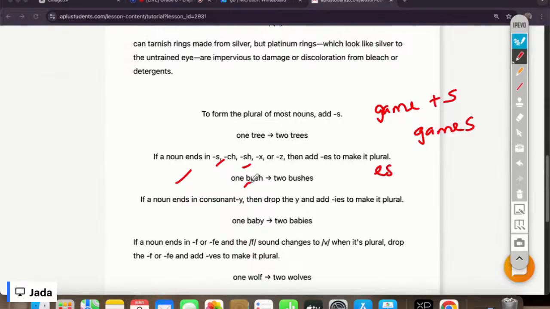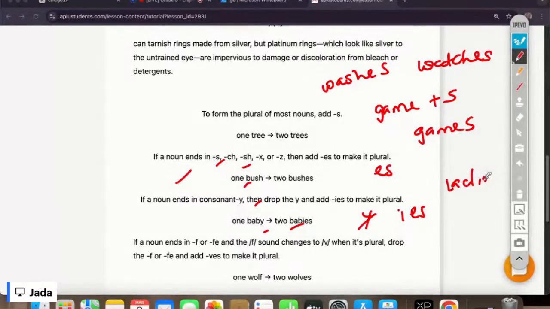So just like we have one bush, then two bushes, we could also have washes, watches. Okay. Then if it ends in y, you have to drop the y and add ies to make it plural. So it's like you're slashing the y and it becomes ies. Then we have one baby, two babies, and then we have ladies. Okay.